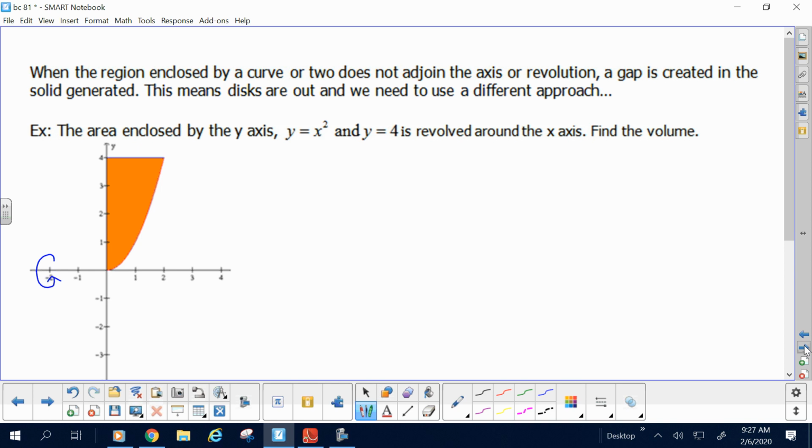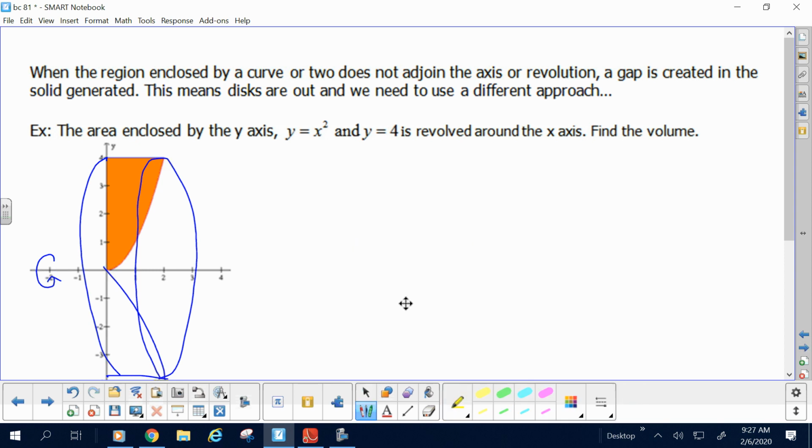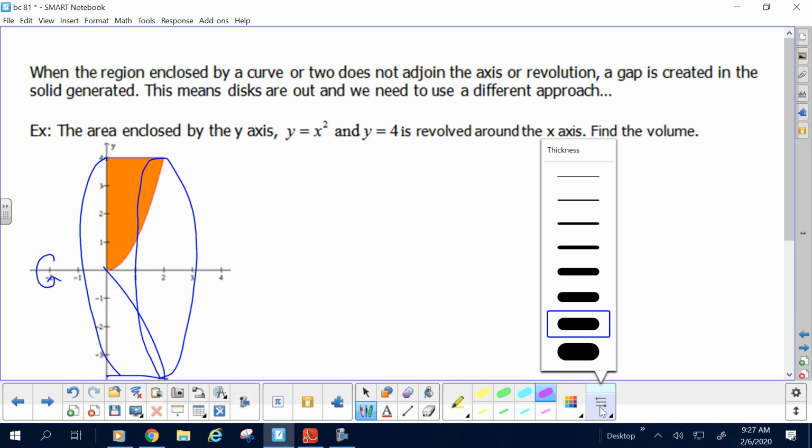It would kind of look like a cake pan kind of deal, yeah? And it would have this kind of cone missing in the middle, yeah? But more important than that is what one washer or one slice would look like.